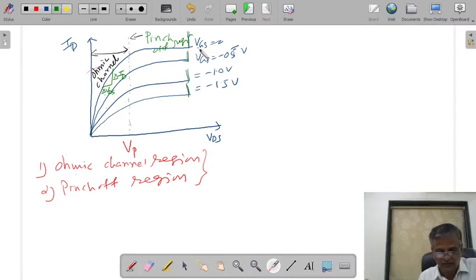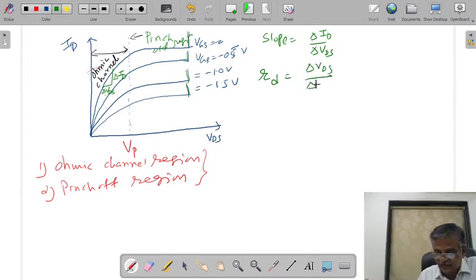You can see from the graph why: your gate voltage is increased negatively. Slope is nothing but delta ID upon delta VDS, and 1 upon slope is called drain resistance. So the drain resistance offered by the FET is 1 upon slope.